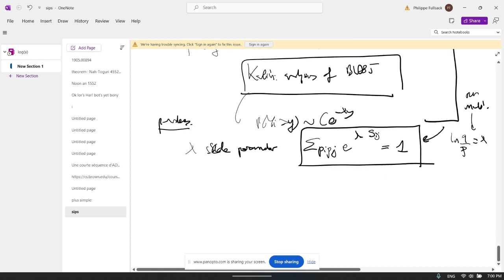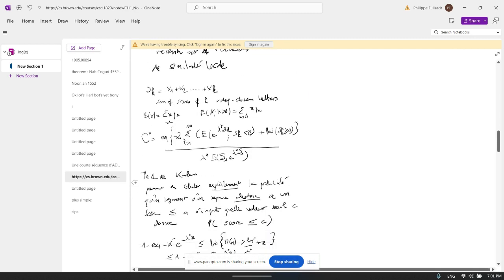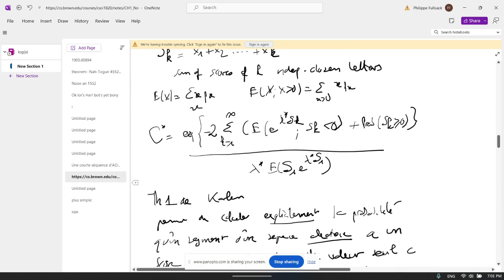And as for the C parameter, well, the C parameter is much more complicated. I think I wrote that somewhere, just a sec. So the C parameter, yeah, it's here. You can see that this expression is not so super obvious. And that's the result.